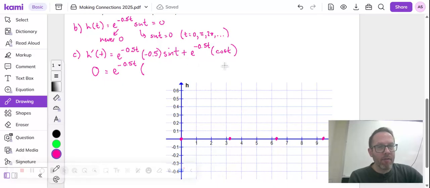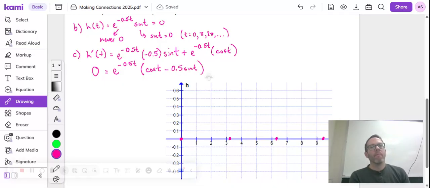What's left over on the inside? From the second term, I'll write the second one first because it's positive. We have cosine t. And then from the first term, we have minus 0.5 times sine t. Okay, and then from our discussion from part B, when is this equal to 0? Well, the exponential stuff is never 0.